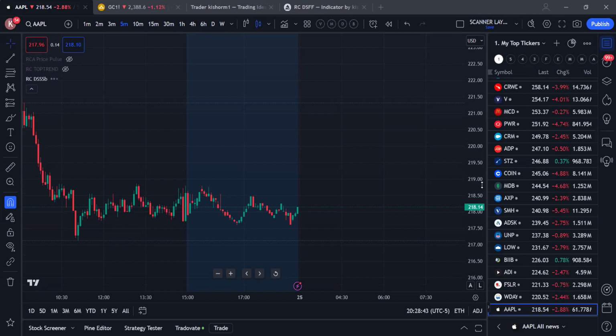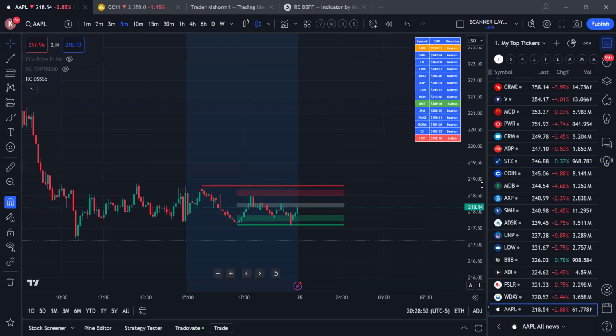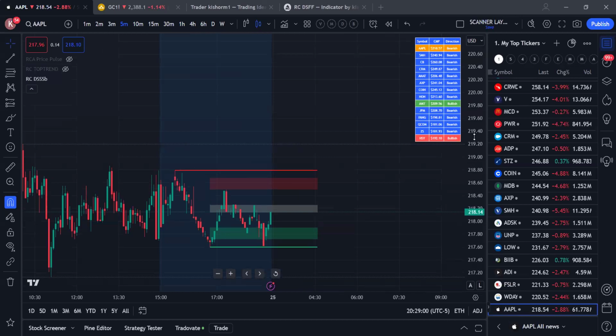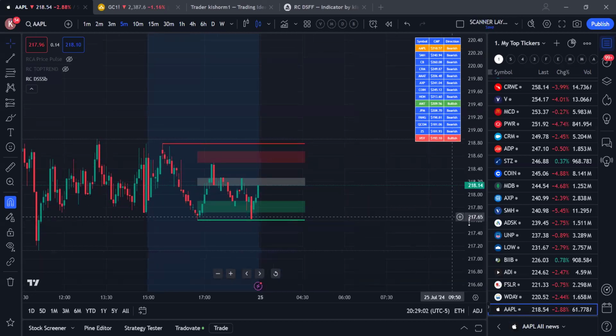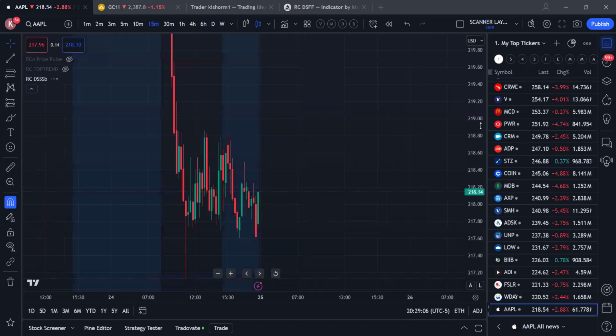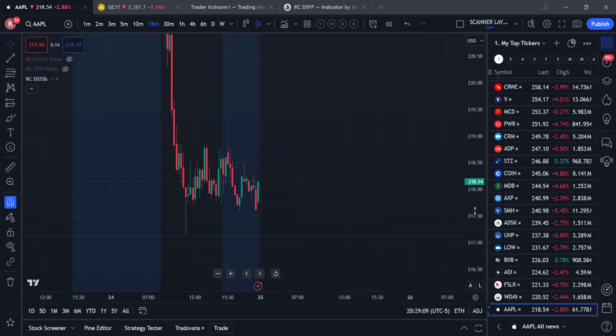You have to delete and add it back, right? So Apple, let's wait 15 minutes so that we are looking at everything in the same time frame.